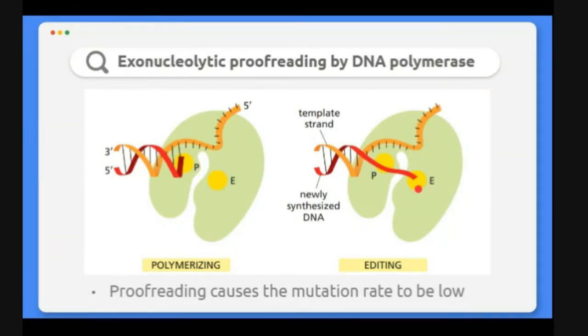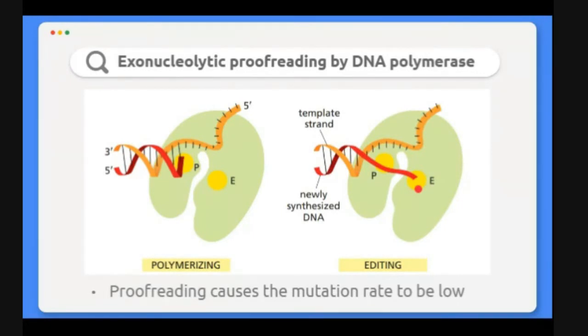So, bakit ba natin inaral yung mutation rate nung una, 'di ba? Kasi pinapakita dito na merong mechanism yung DNA polymerase na mag-cause na mutation rate natin ay low. So, kaya hindi tayo agad-agad nagkakaroon ng mutation sa DNA natin dahil yung DNA polymerase kaya niyang ma-correct yung sarili niya.